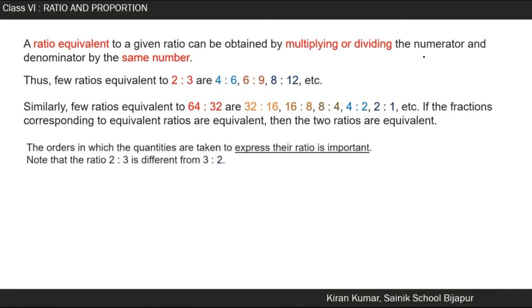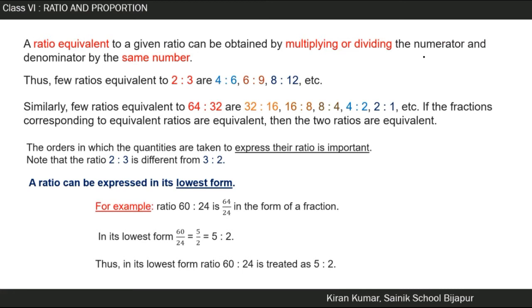The order in which the quantities are taken to express their ratio is very important, because 2:3 is completely different from 3:2. The ratio can be expressed in its lowest form by simplifying the numerator and the denominator.